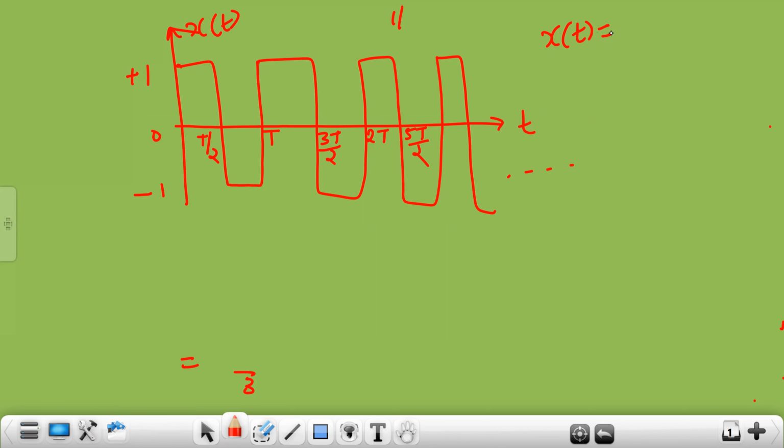Yes, it is 1, during the time 0 to T/2. And during the next half, the magnitude is -1. You can see, during the first half, the magnitude is +1. So during the next half, the magnitude is -1, and it will come from T/2 to T.